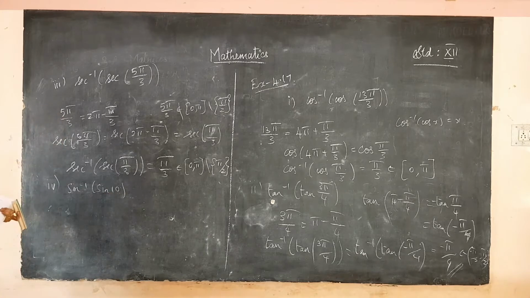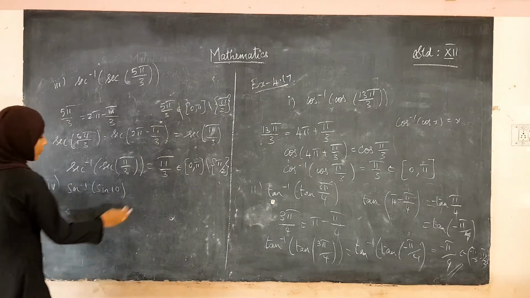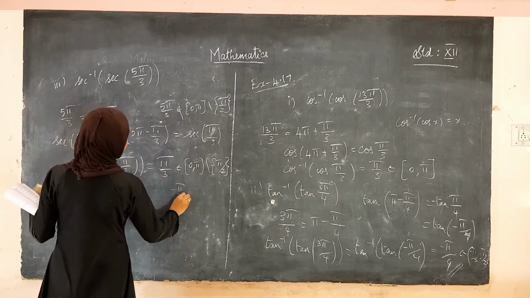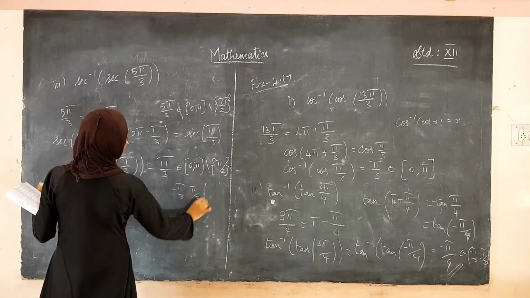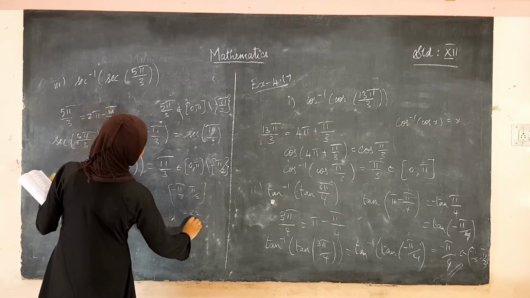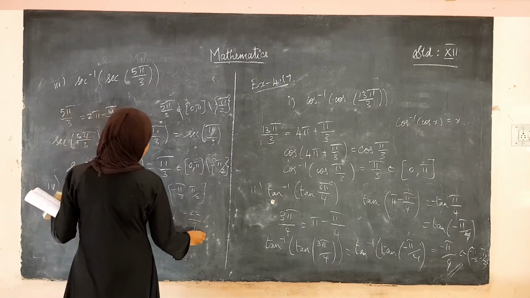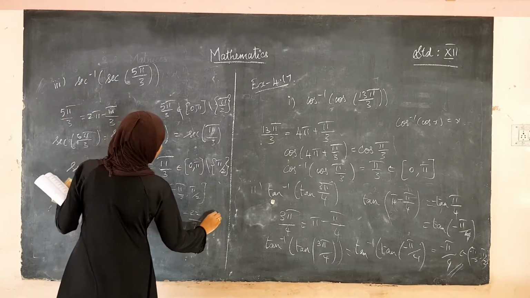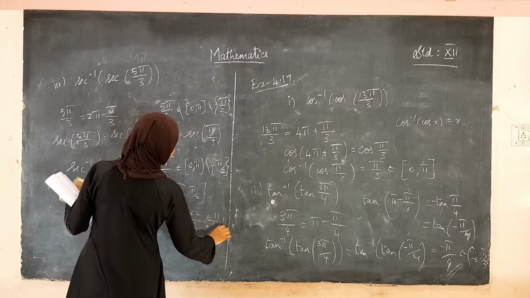Sine inverse of sine of 10. See, the range is between minus pi by 2 comma pi by 2. What's the value of pi? Pi is 22 divided by 7. See, pi by 2 means divided by 2. Therefore, 11 by 7.